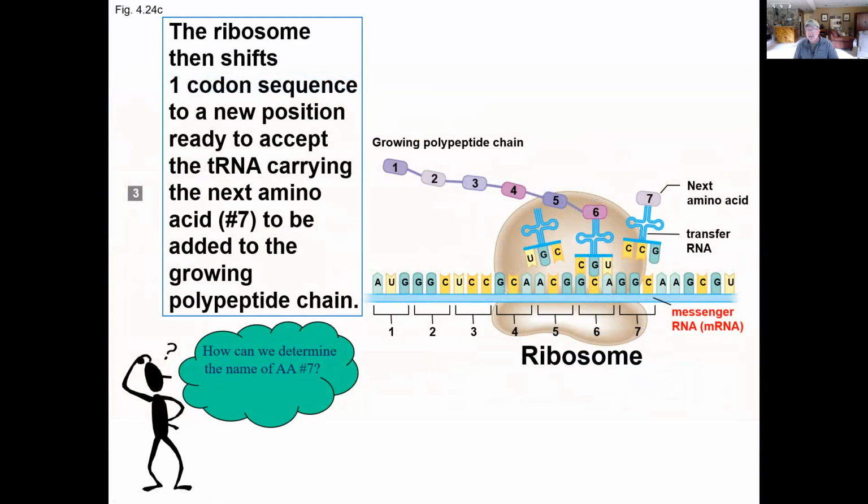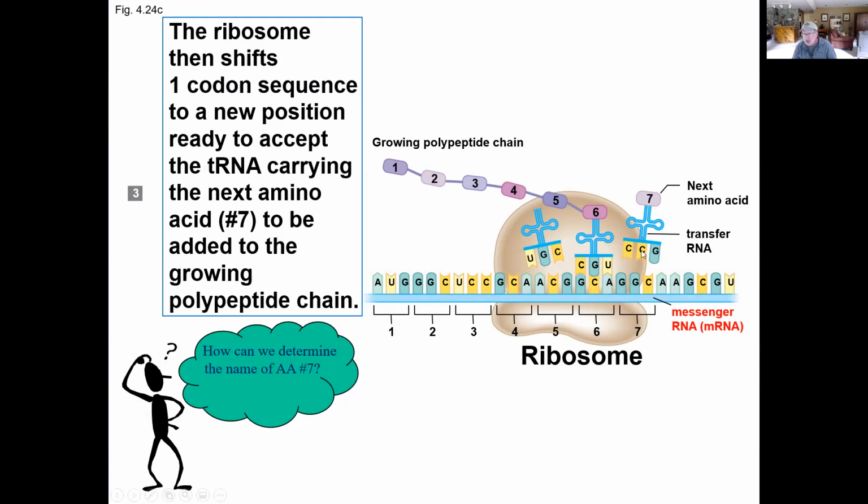So in essence, what's taking place here in translation is the ribosome shifts along the messenger RNA, and at that site where the ribosome and the messenger RNA interact with one another, individual transfer RNAs bring in individual amino acids.